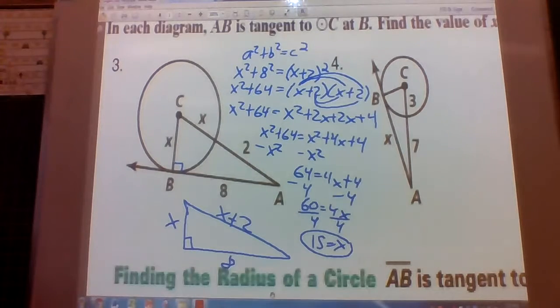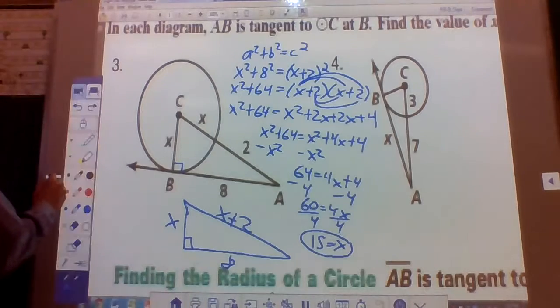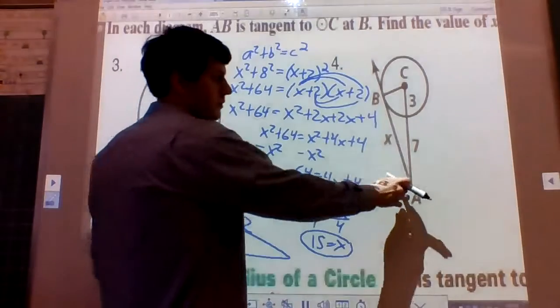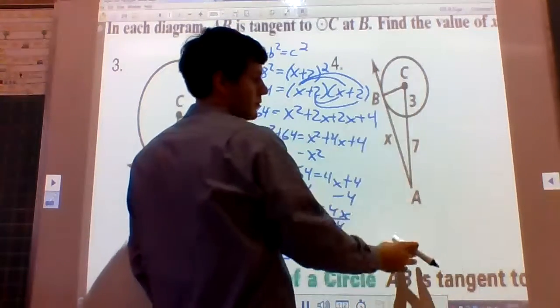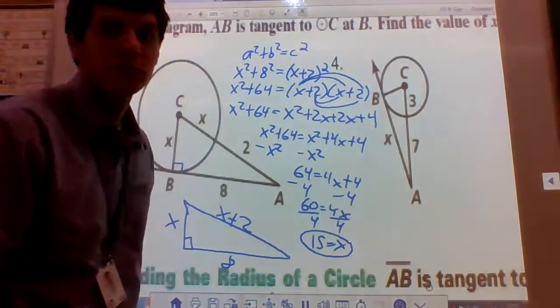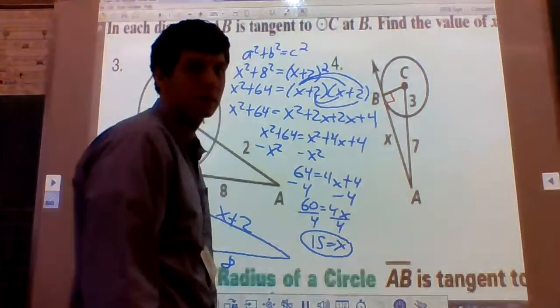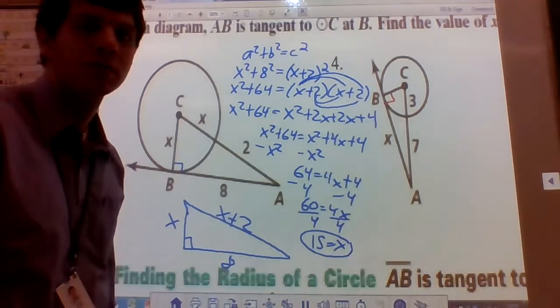Okay, I'm going to delete this so we can look at number 4. Well, no, that's fine. Let's just do a different color. Okay, so here we have AB, tangent line, radius CB. So they're perpendicular, which means they form a right angle. If they form a right angle, it's a right triangle. If it's a right triangle, we can use the Pythagorean theorem.